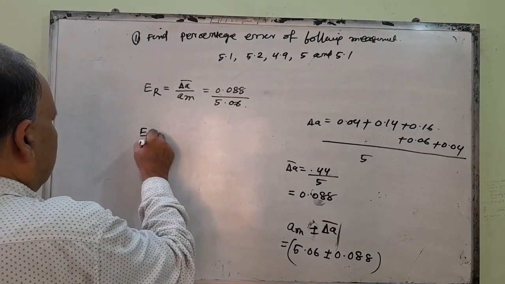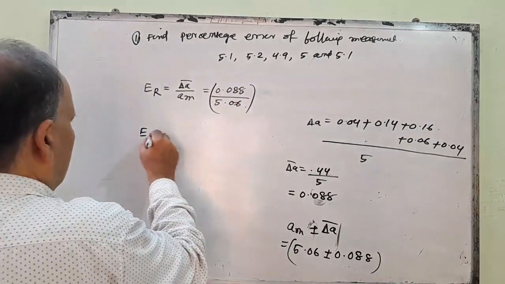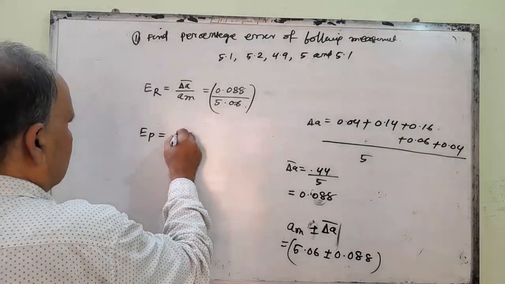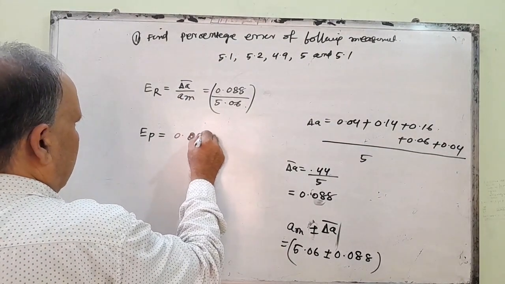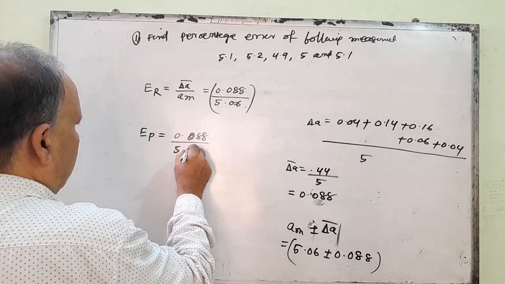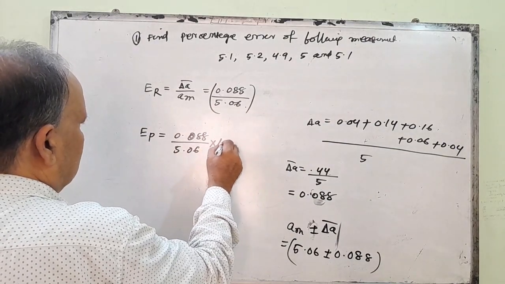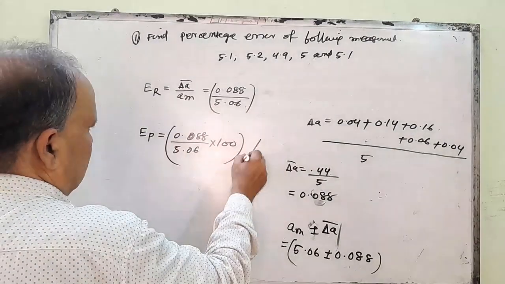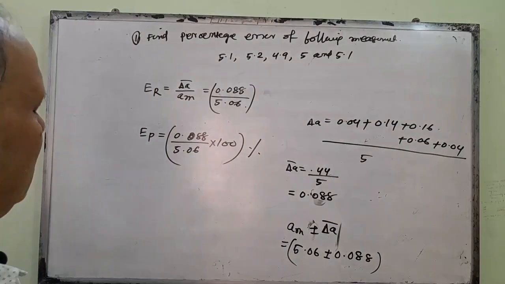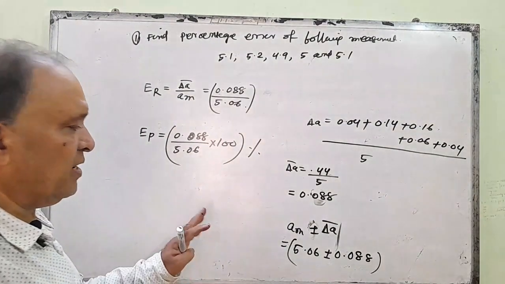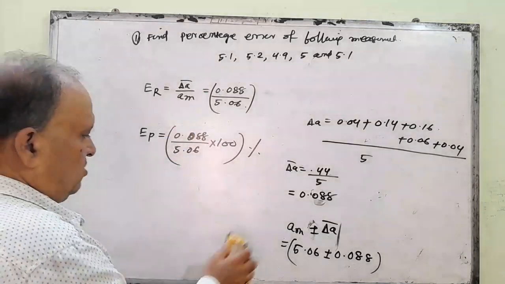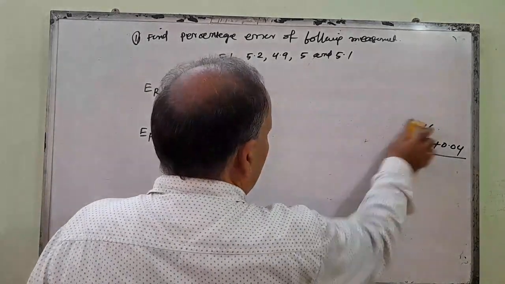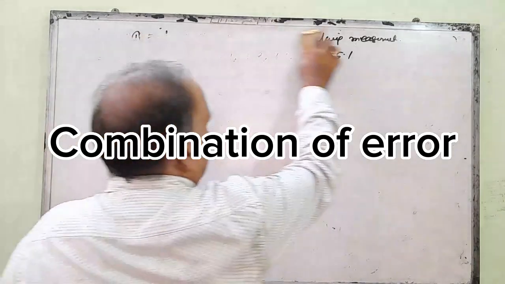And your percentage error, you calculate it, is 0.088 divided by 5.06 into 100. This is the percentage error. So these are the absolute error, relative error and percentage error. You calculate these two.